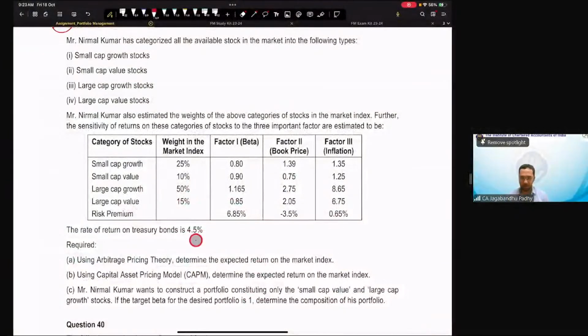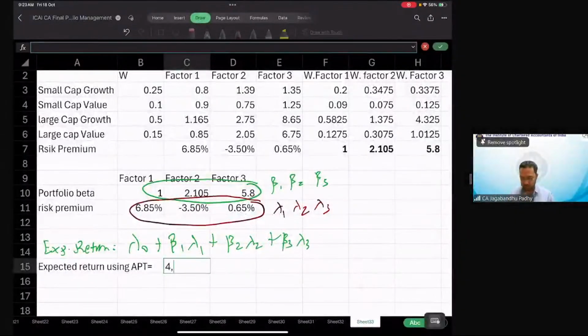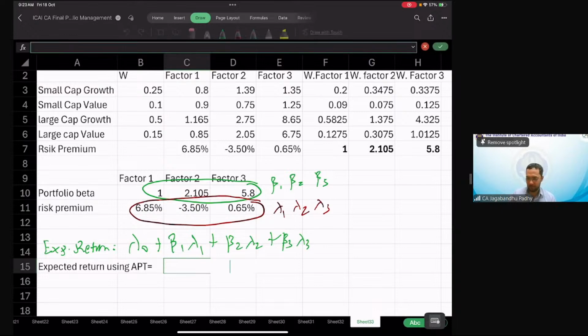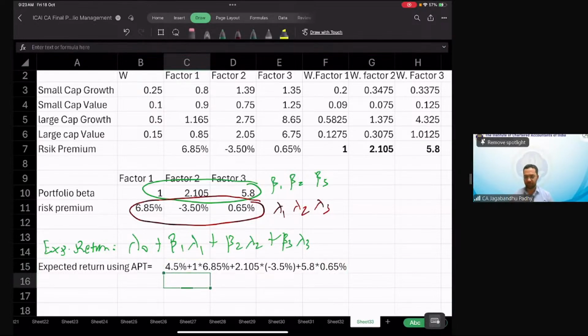Risk-free rate is 4.5%, plus portfolio beta 1 multiplied by risk premium, which is 6.85%, then 2.105 into minus 3.5% plus 5.8 into 0.65%.